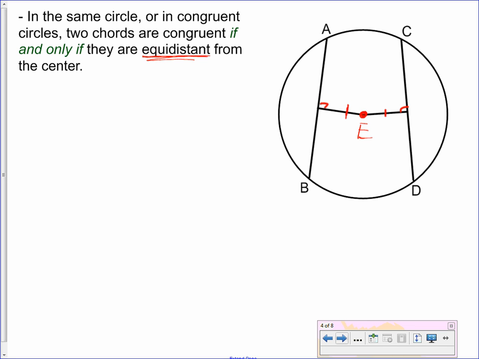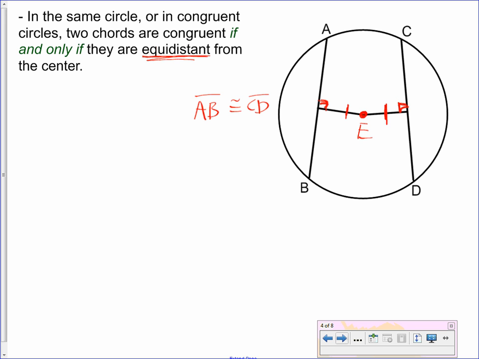It means congruent with these tick marks here, but it also means you got to be going perpendicular. So from the center, if you go perpendicular to a chord, perpendicular to another chord, and it's the same distance from the center, that means chord AB will be congruent to chord CD. All right, in the same circle or in congruent circles.